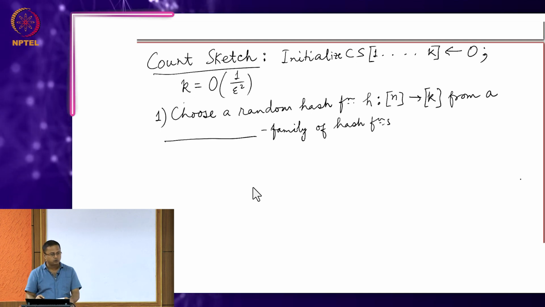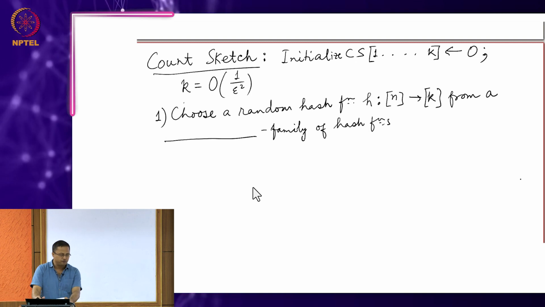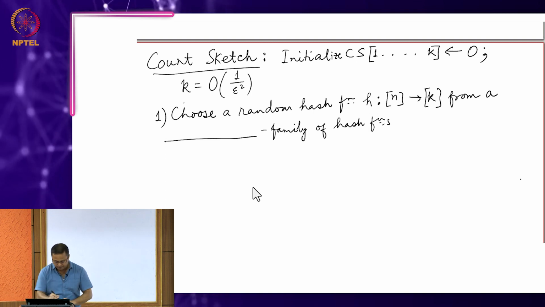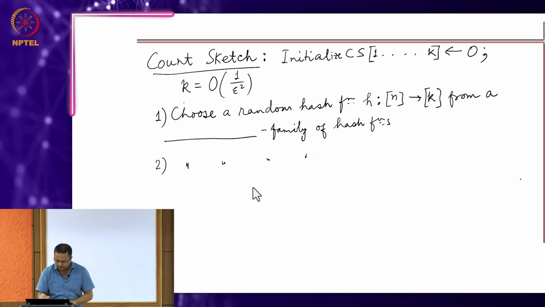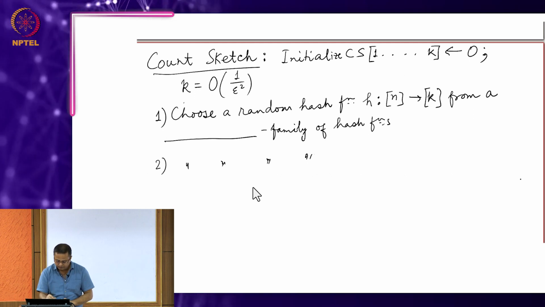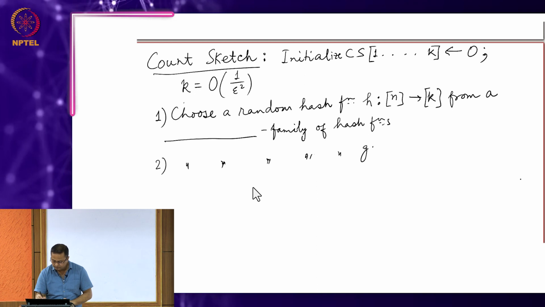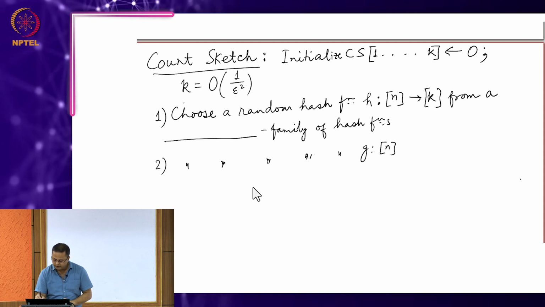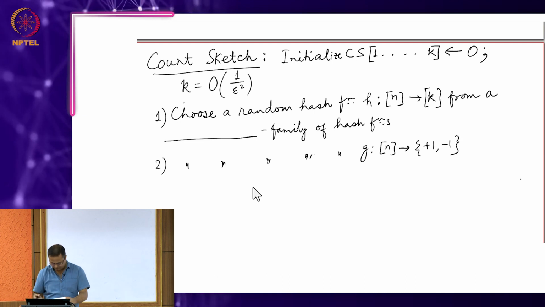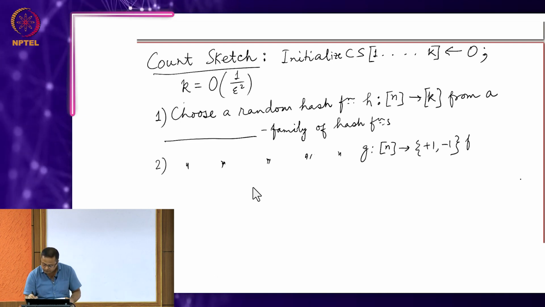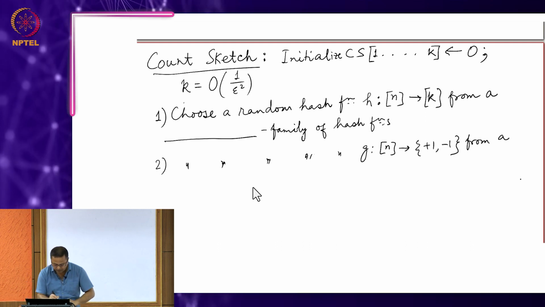Again my calculation would fix the amount of independence that I require from the hash function. Choose another random hash function g from n to plus minus 1.